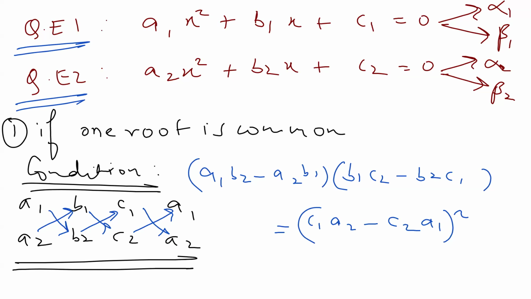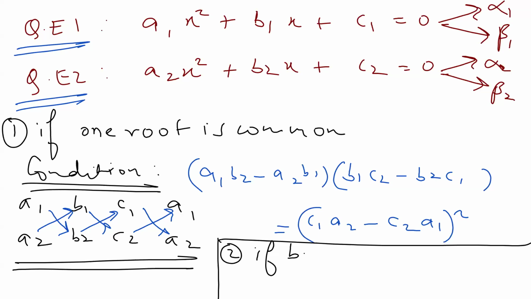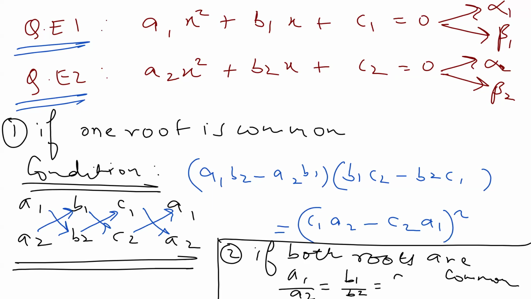Now second case, case 2. If both roots are common, this is quite easy. That is equal to a1 upon a2, equal to b1 upon b2, equal to c1 upon c2.